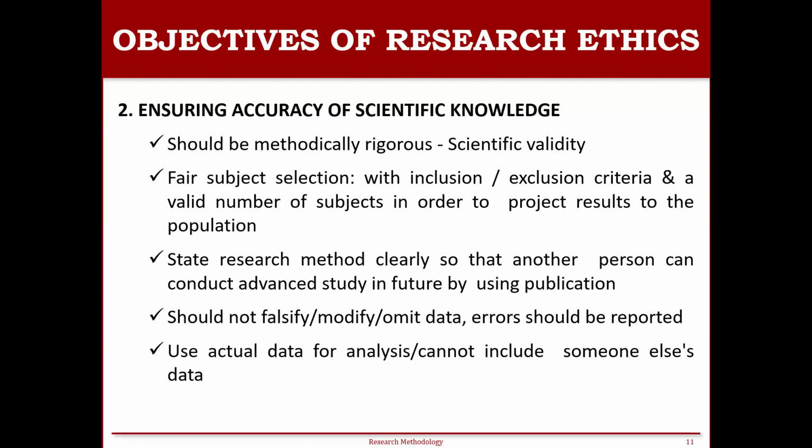There are some special cases where we are allowed to omit one or two data points, just to arrange our data accordingly and to identify patterns and relationships. But other than that, don't omit data, and don't falsify or modify the data, right?